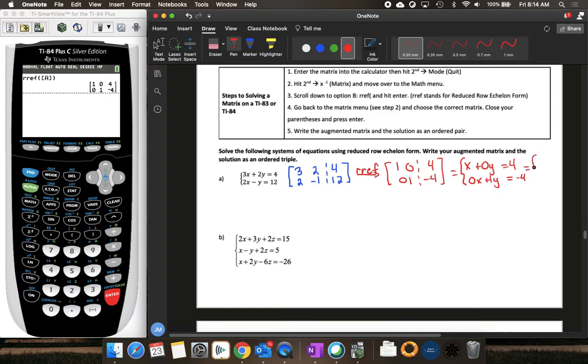Which then, if you think about it, x plus 0y is just x. In other words, the first row is telling you that x equals 4. The second row, same idea, is telling you that y equals -4. So our solution is actually going to be the point 4, -4.